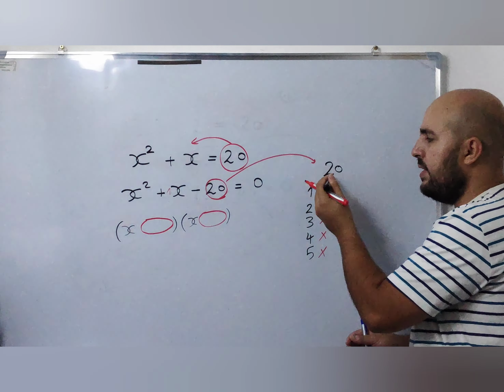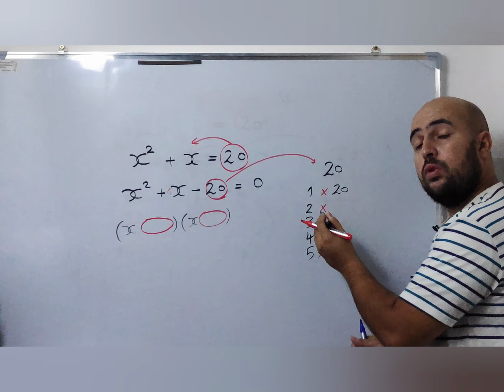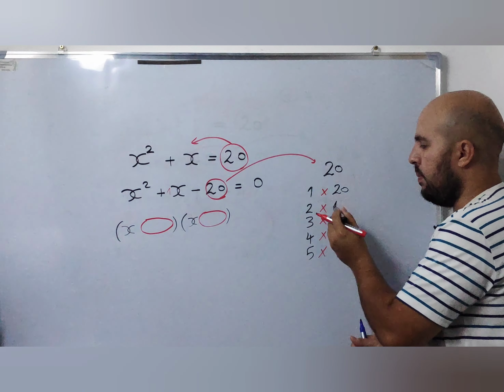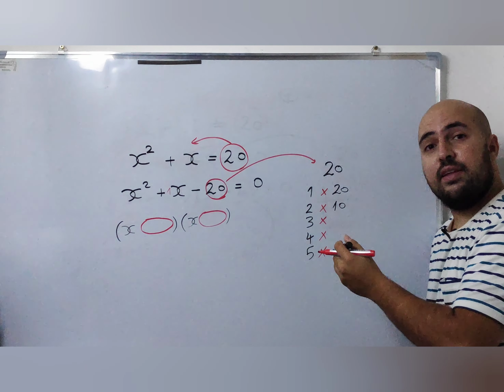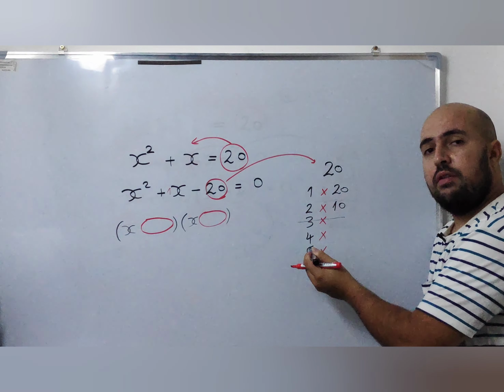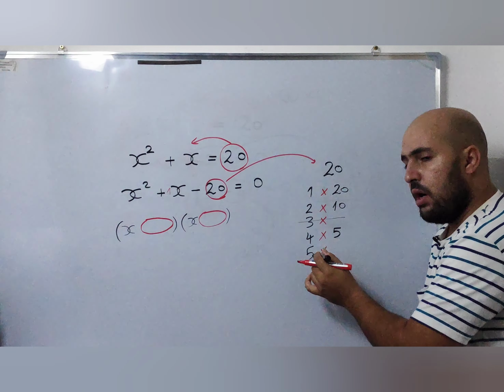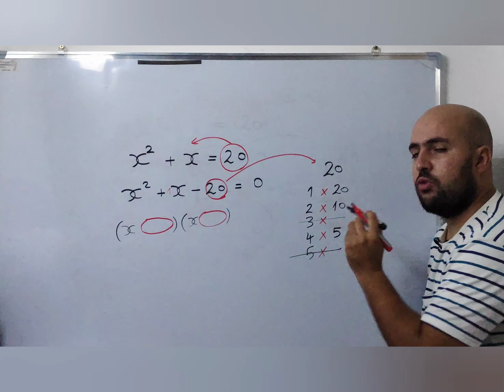And then 20 is 1 times what? Very good, 20. And 2 times what? Good job, 10. And 3 times what? Very good. We can't use 3 with it. And 4 times? Good job, it's 5. And because we are repeating 5 again, we're not going to use it again.